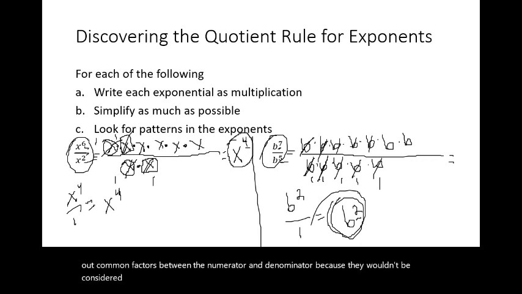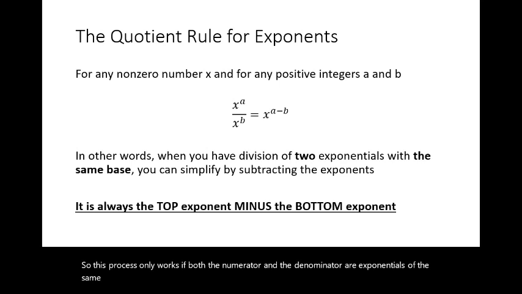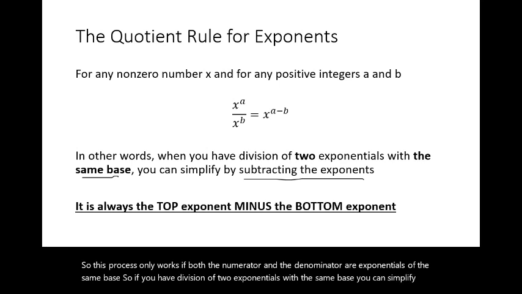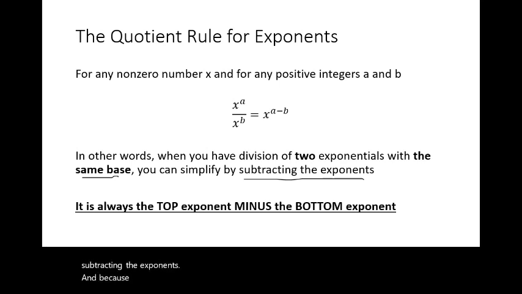So this process only works if both the numerator and the denominator are exponentials of the same base. So if you have division of two exponentials with the same base, you can simplify by subtracting the exponents. And because order matters with subtraction, it is always the top exponent minus the bottom exponent.